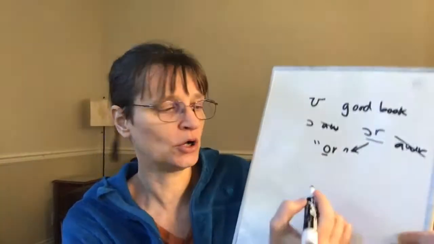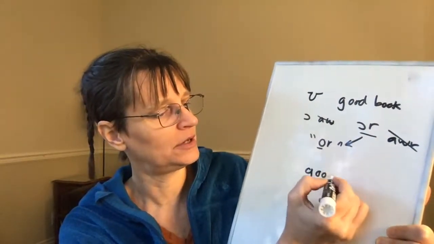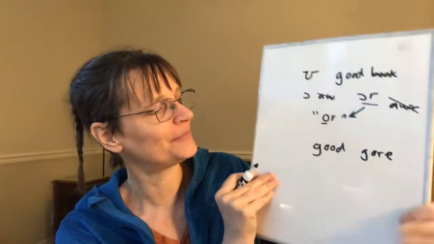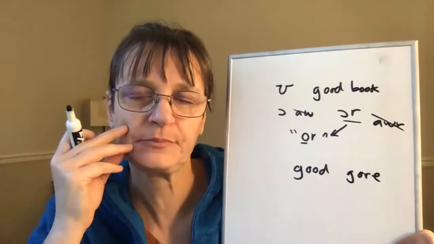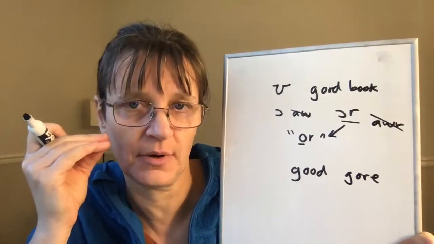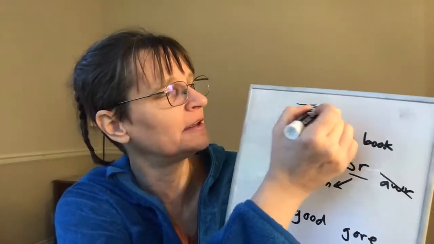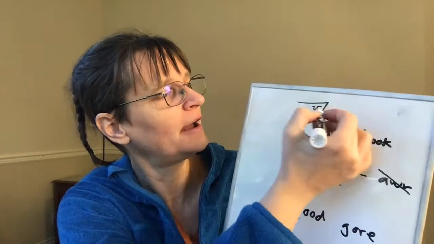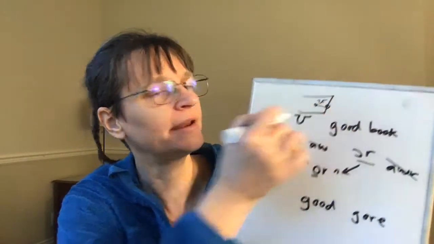So if I'm doing, let's do "good" and "gore," or yeah, okay. "Good" is much, my tongue is much higher and my jaw is much more closed. It's in the top part of the quadrangle here, and "or" is more central and gliding.